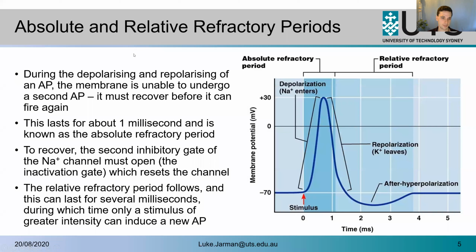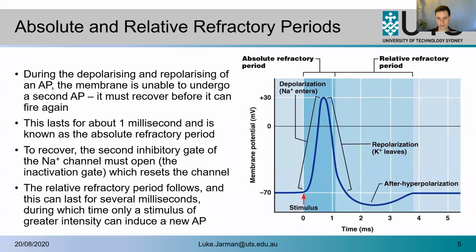So these are the refractory periods. During depolarization and repolarization, the membrane is unable to undergo a second action potential, so it must recover. This recovery period lasts for about 1 millisecond, and it is known as the absolute refractory period.